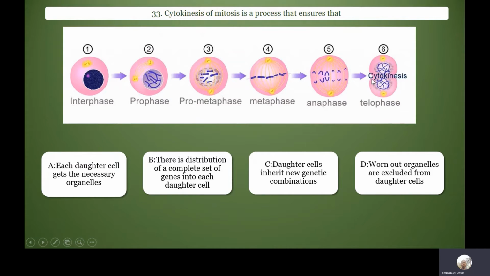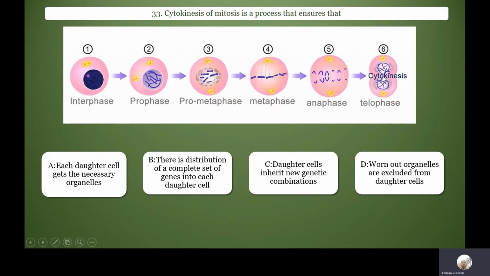By the time the chromosomes get to the poles, the cell will have to divide to make sure that each cell has a nucleus. So the correct option here is B.